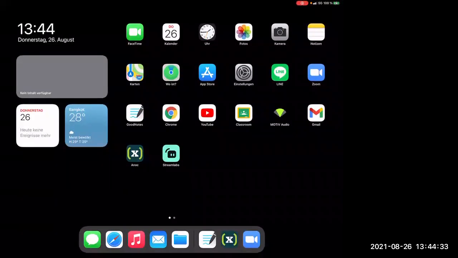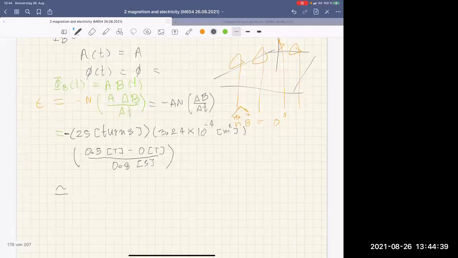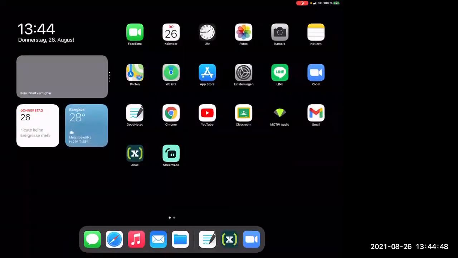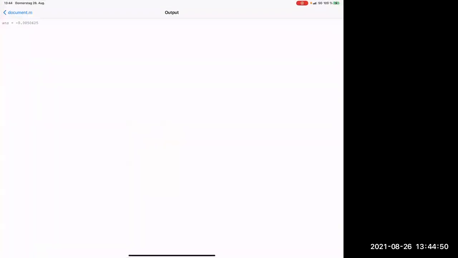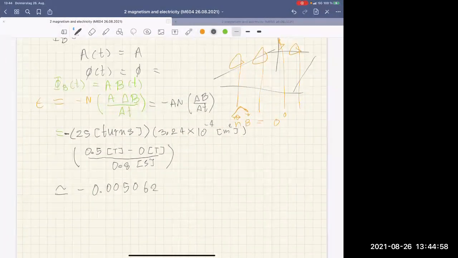What is that? Here it's going to be minus 0.00506625.